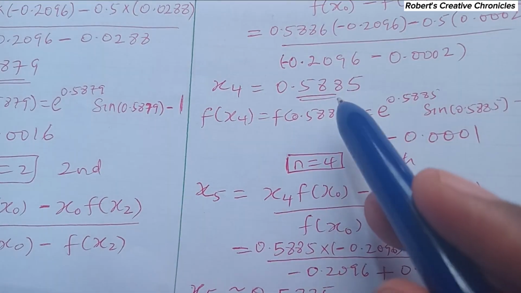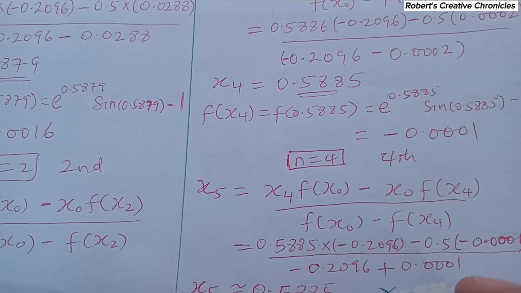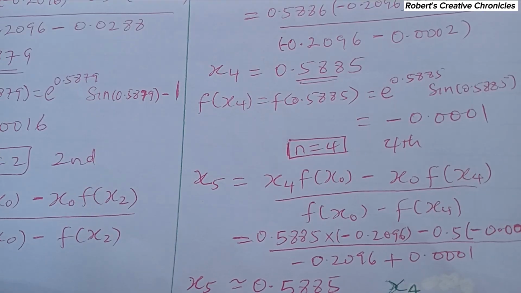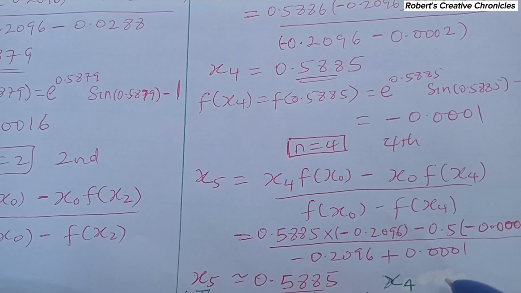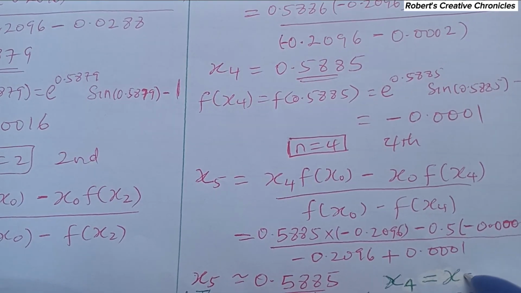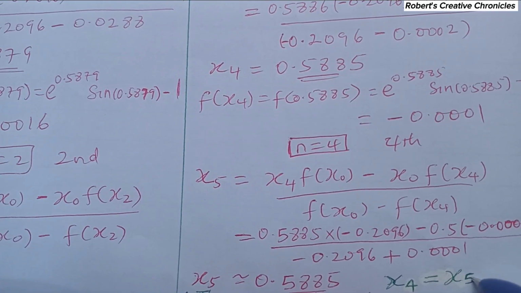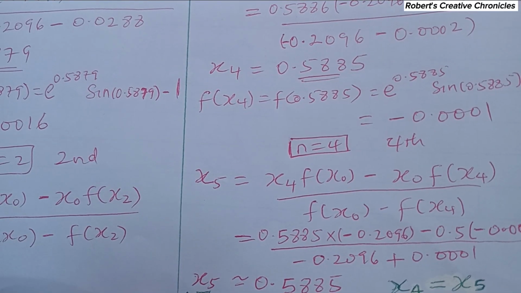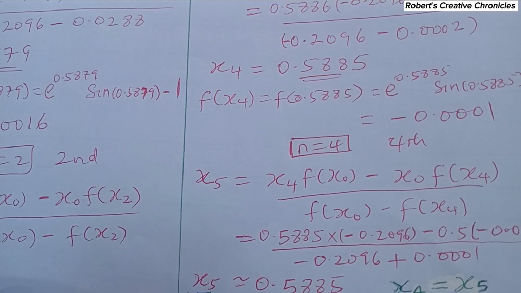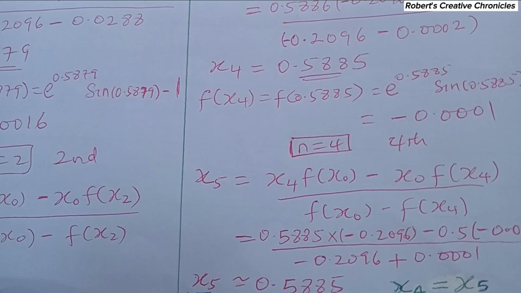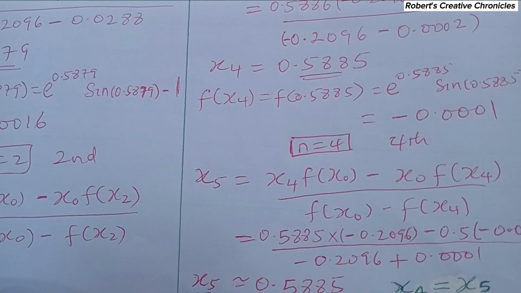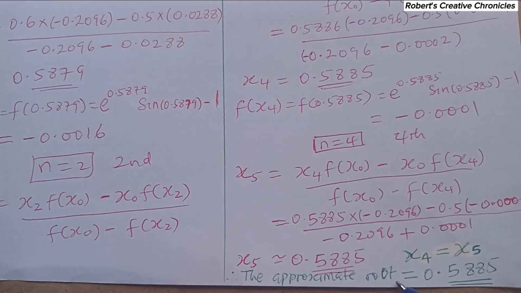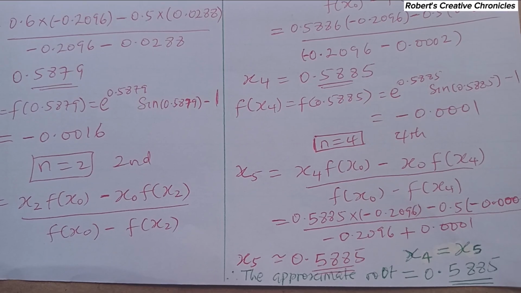Now since x4 is equal to x5, therefore the approximate root is equal to this one, which is 0.5885.